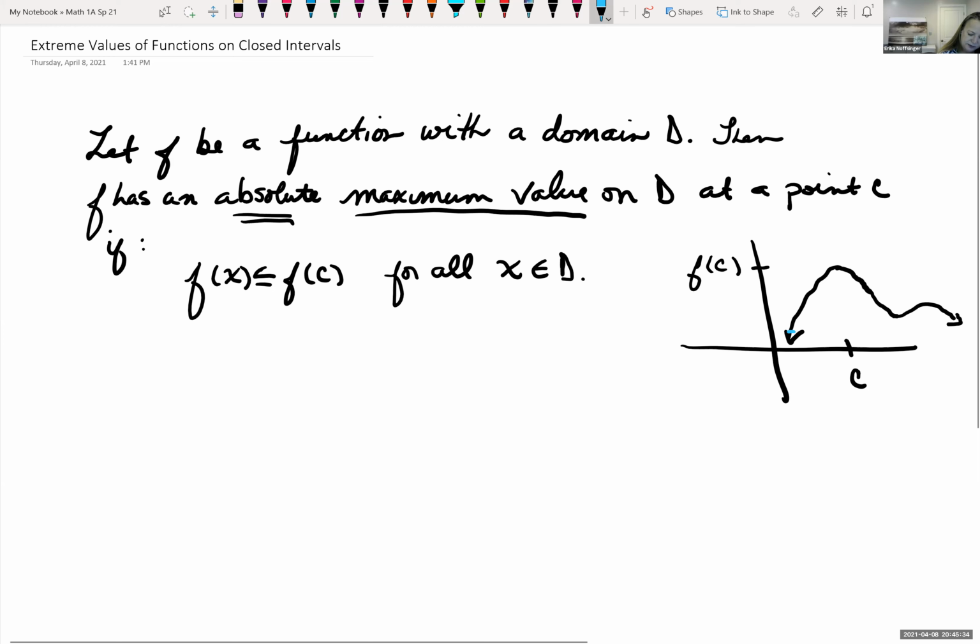So if I limit my domain, maybe to here, so it would stop, notice that this x equals C, my highest value on this graph is f of C. The y value is what the maximum is. The C value is telling me where to find it. So f of C is an absolute max.